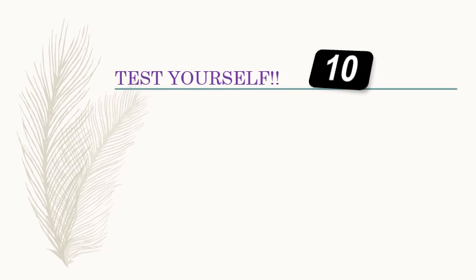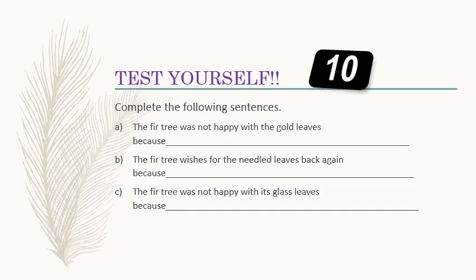Now it's time to test yourself. And for that, get ready with your pencil and notebook so that you can see the question properly and then write the answers. And for that, you will be getting 10 seconds. So here the question is, complete the following sentences.